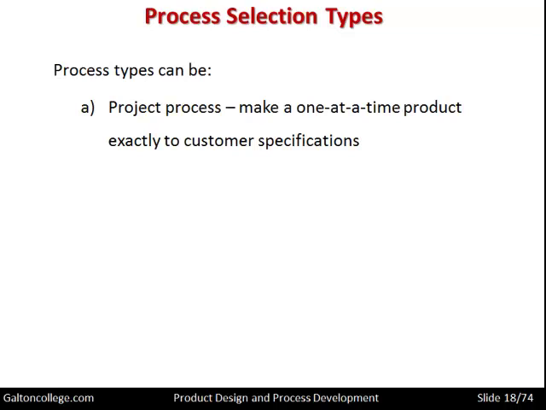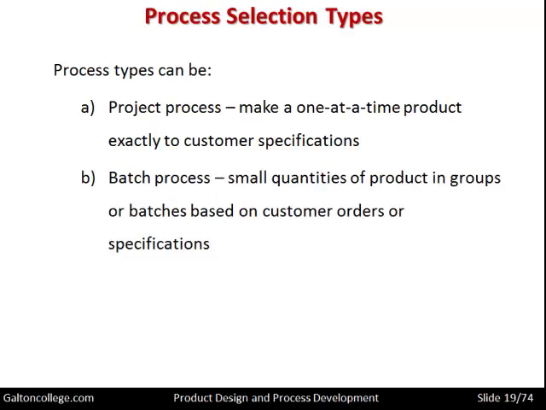For example, if a customer wants a suit of clothes, they want the suit made to a particular style with a particular fabric. The customer is making the specification. Batch processes, small quantities of products in groups or batches based on customer orders or specifications. Again, maybe instead of having one item, the customer has 3 or 4. So there's a batch produced. The items may be essentially the same, but they're produced in batch.